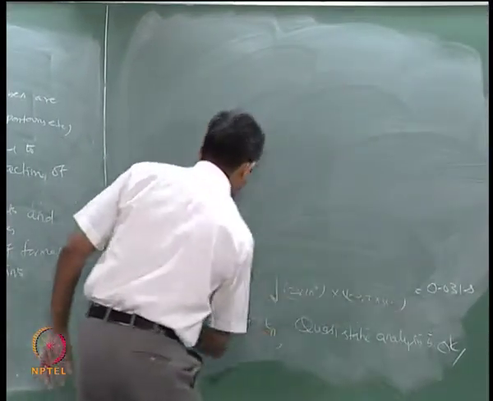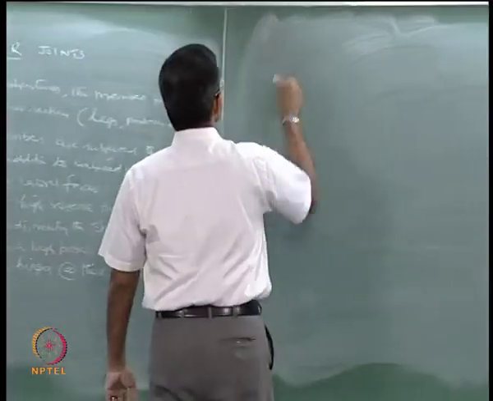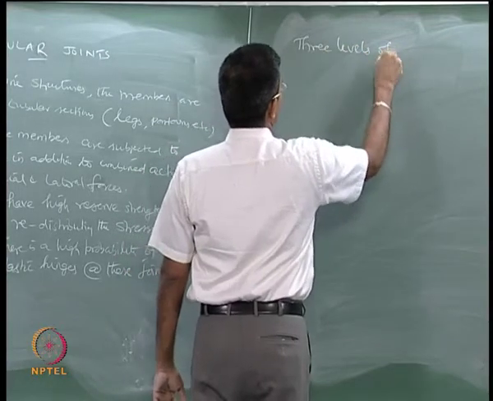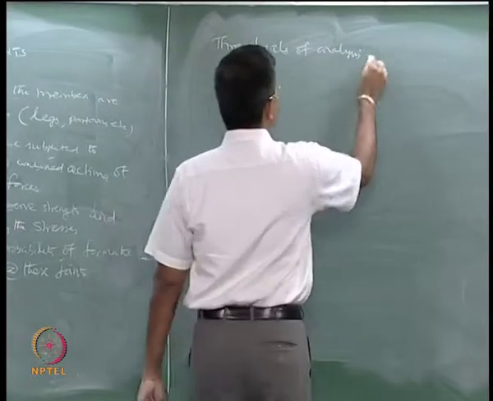There are three types of analysis which are done for tubular joints, three levels. Three levels of analysis are carried out for tubular joints.